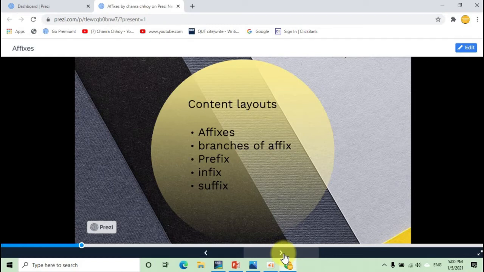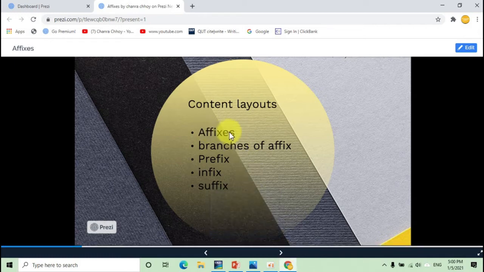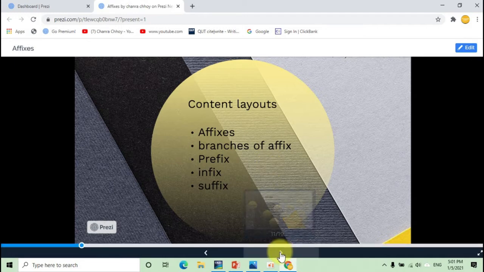Today in this lesson we focus on affixes, branches of affixes, prefix, infix, and suffix. So that is the content layout. When you stick around to the end of the lesson, you will get what we see here in the content layout. Okay, stick around. Here we go to the next.